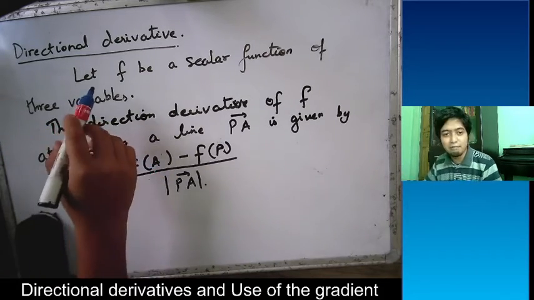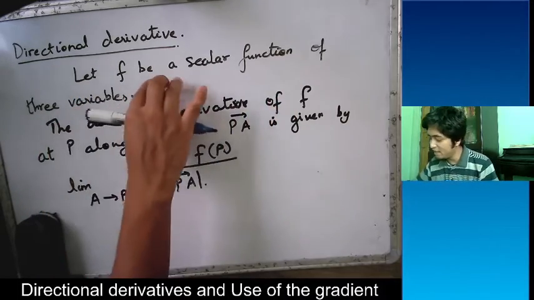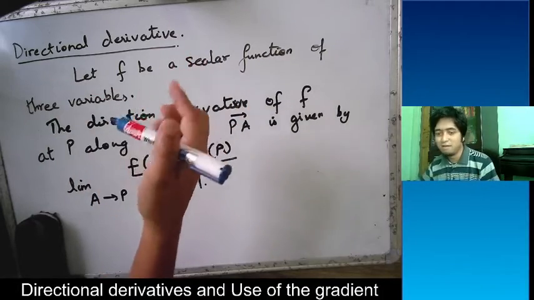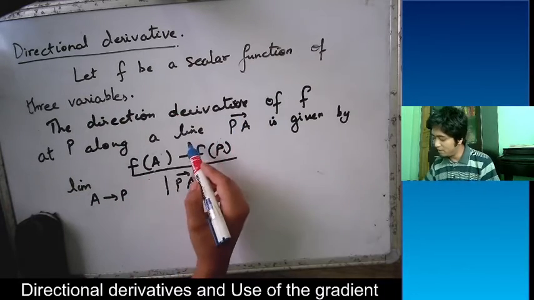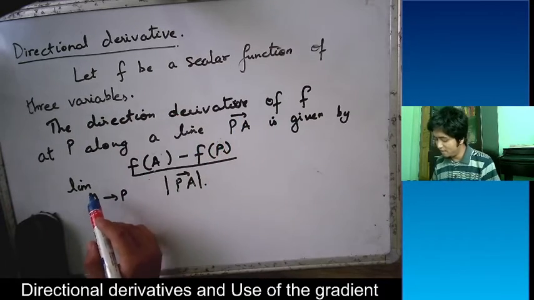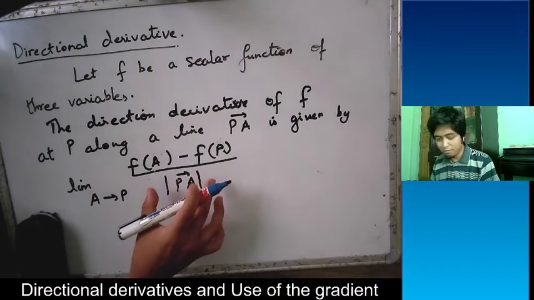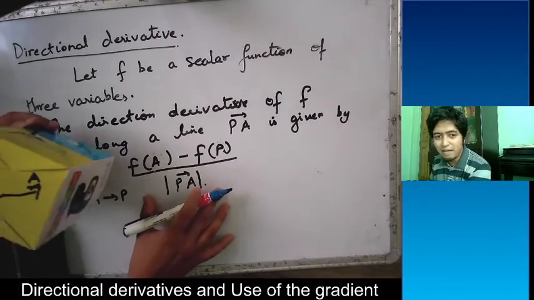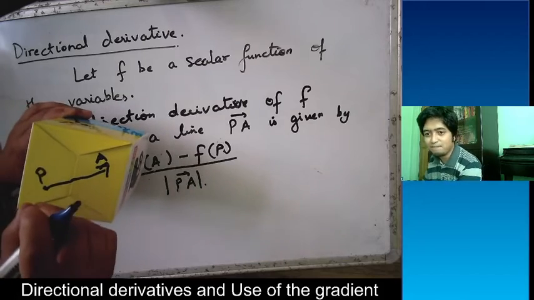So this is exactly what I had written, that f is a scalar function of three variables. I had taken a scalar function, just like temperature, which is a scalar function. The directional derivative of f at p along a line PA is given by this limit. So exactly why are we defining it in this way? Because if we have to calculate the change, we want an instantaneous change.